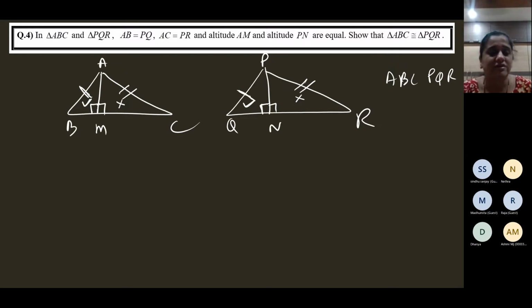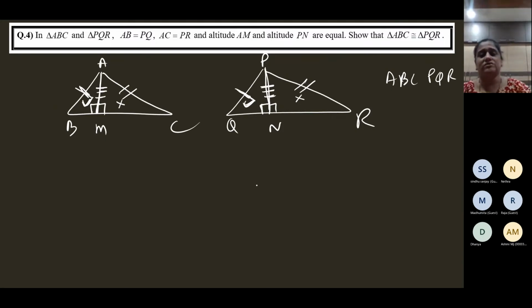And this side AM is equal to PN because it's given that the altitude AM is equal to the altitude PN. So by RHS, right angle, hypotenuse and some side, the triangles are congruent.